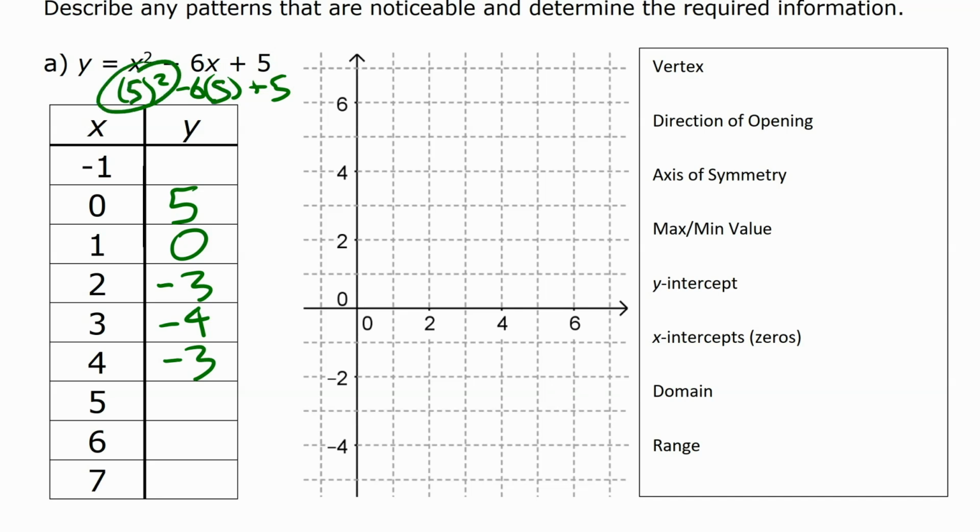So we've got 25 minus 30, minus 5, plus 5 is 0. Make this a 6. 6 squared is 36, minus 36 is 0, plus 5 is 5. And then down at the bottom here, the 7, if we put a 7 in there, we have 49 minus 42 is 7, and 7 plus 5 is going to give us 12 there.